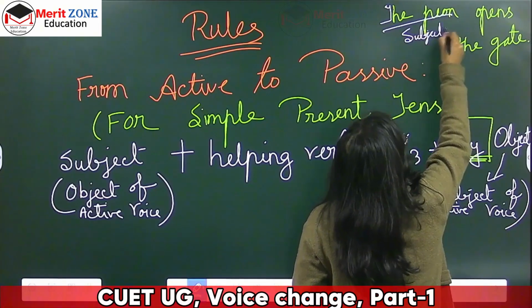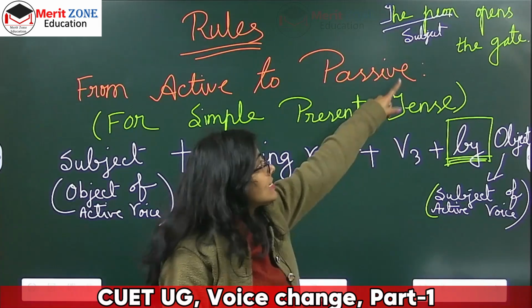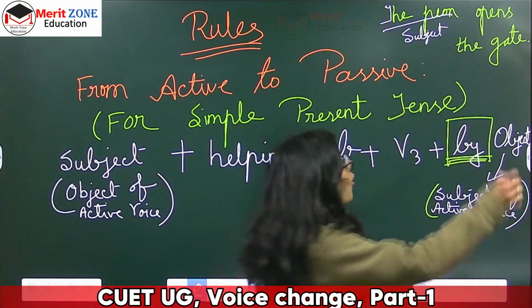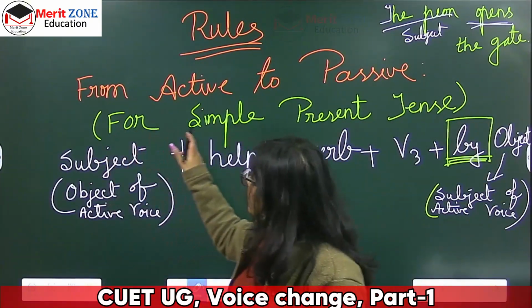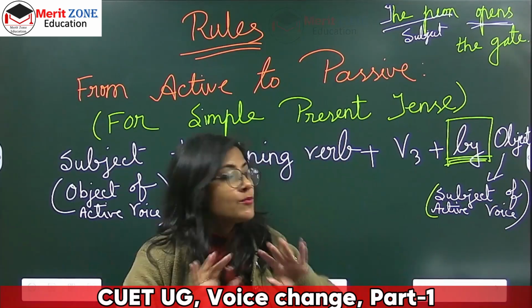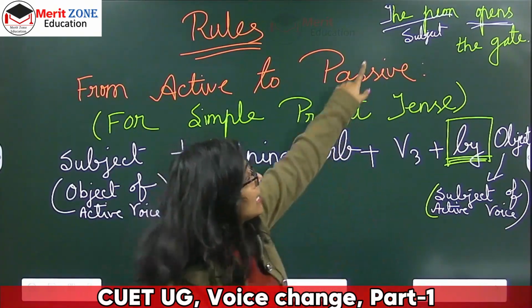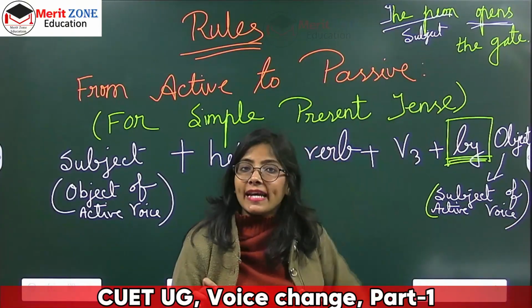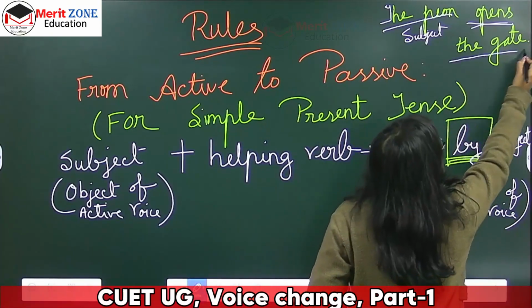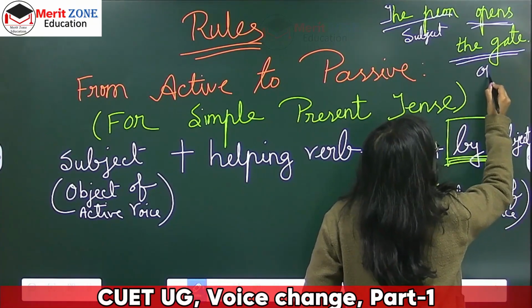Now this is the main verb, as we can all see: opens. In active voice, in case of simple present tense, we don't use any helping verb, so there is no question of a helping verb. Directly we have the main verb, opens, and "the gate" is the object of the sentence, right?